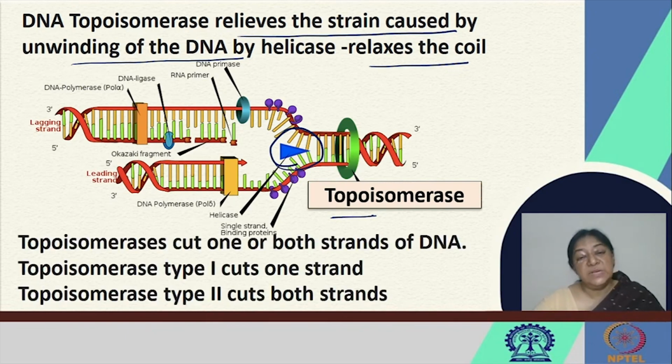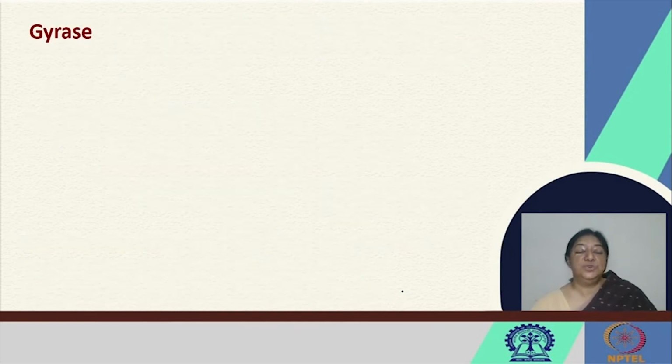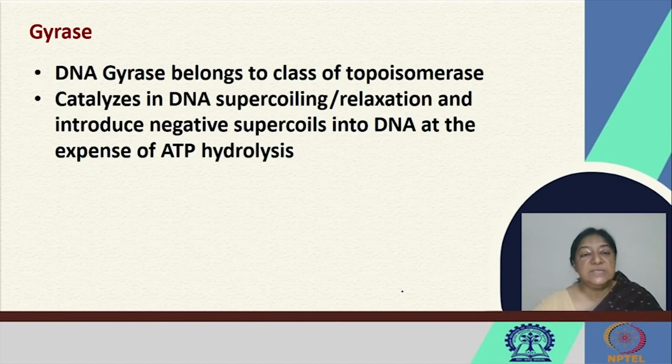The topoisomerase, therefore, is an enzyme that cuts either one strand of DNA or both the strands of DNA. There are several types. The topoisomerase type 1, for example, cuts only one strand, and the topoisomerase 2 cuts both these strands. An example of one such topoisomerase is gyrase. So DNA gyrase belongs to the class of topoisomerases.